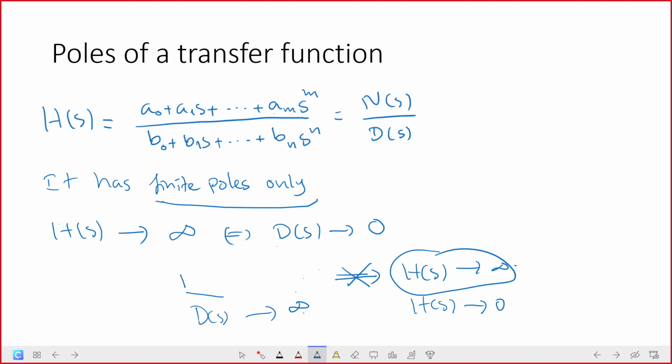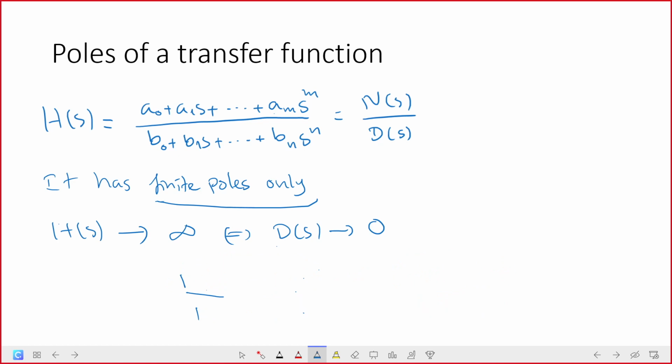Everything's clear. To find poles, we take d of s equal to 0.